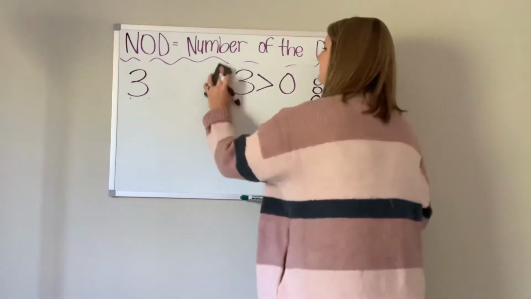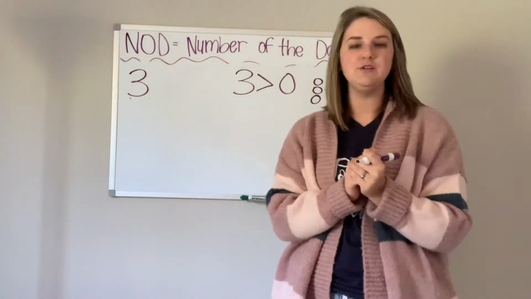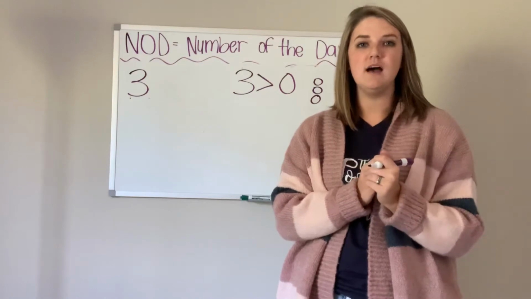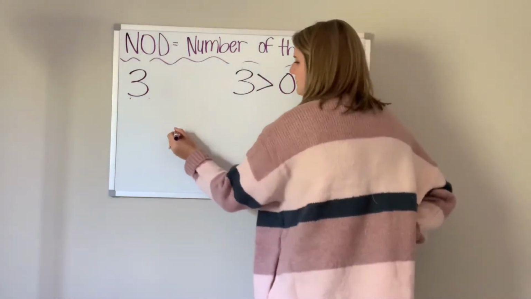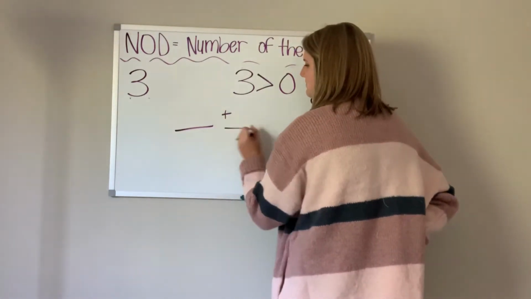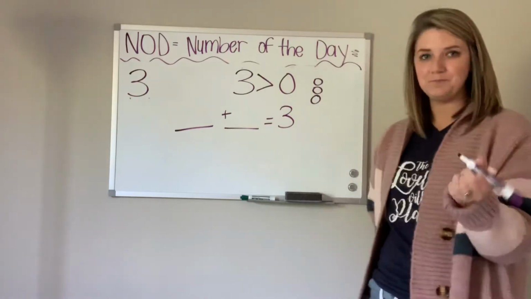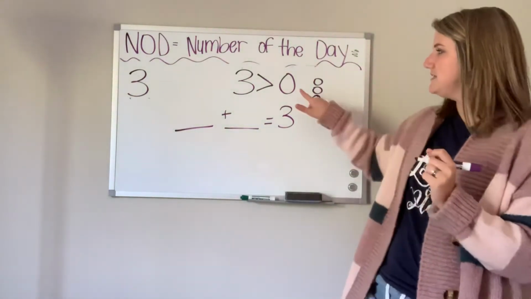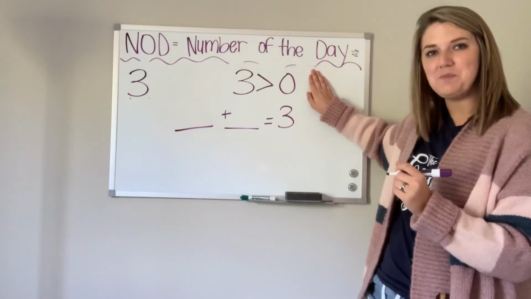Okay, next thing that we're going to do is we are going to use 2 add-ins to make our number of the day. So that's where we have something plus something equals 3. Yours will be 4. I'm going to use this 0 like I had to do my number of the day.